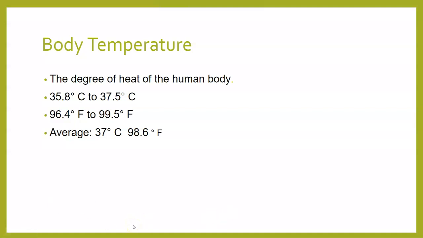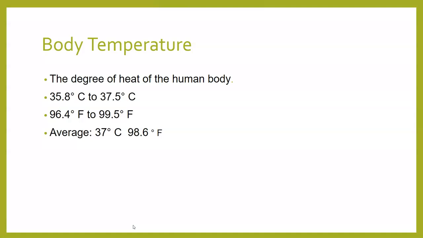Also to note, these ranges here are what is consistent with what you have to know for your practicum, your lab, because we have a clinical site agreement with our hospitals around here, and this is what they want you to know.